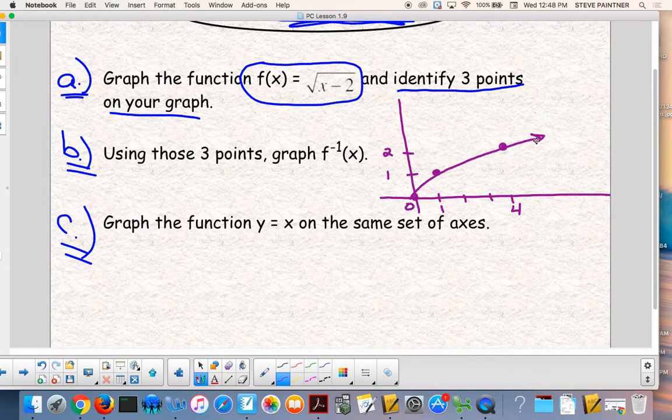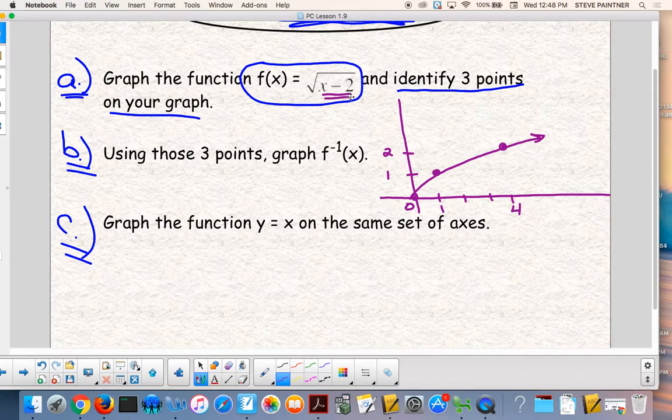There's the parent, correct? Stay with me, guys. You know you're going to do what to the parent? Stretch it, compress it, reflect it. What are you going to do?